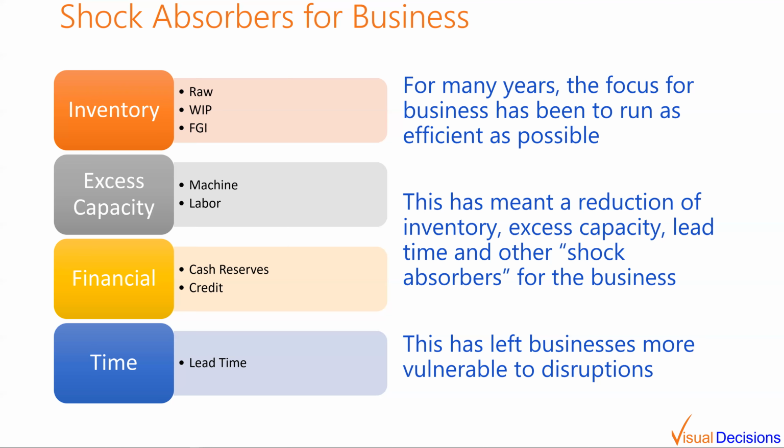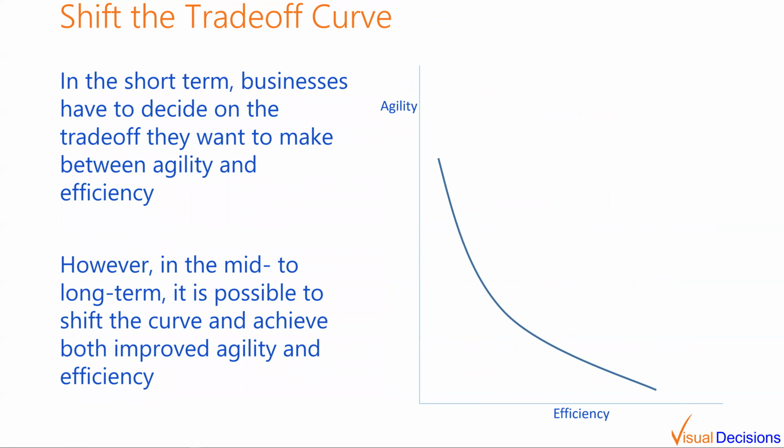So, is the answer here to start running with more inventory, run with more excess capacity, and so forth? Or is there a way that you can shift that trade-off, so that if you're looking at agility versus efficiency, instead of just switching from one to the other, it's possible to shift that curve out so that I can maintain my efficiency but still increase the agility I have for the business?